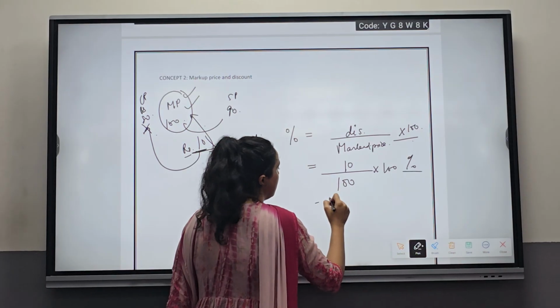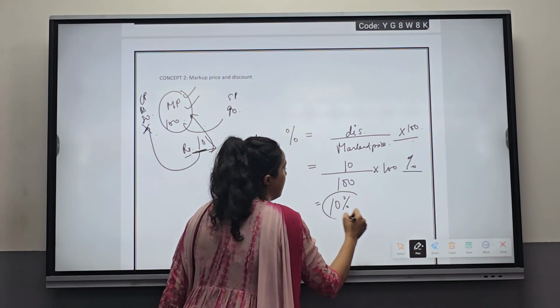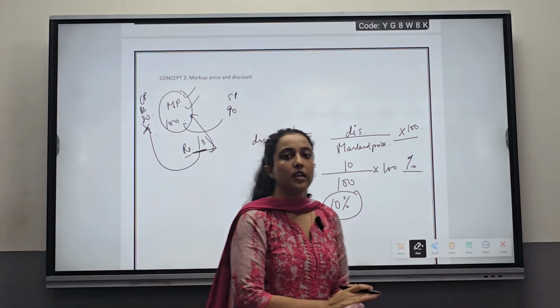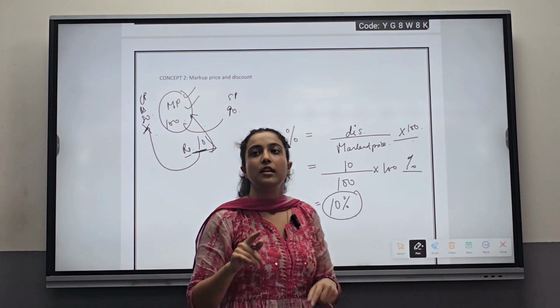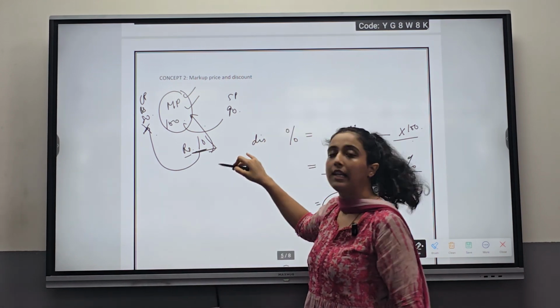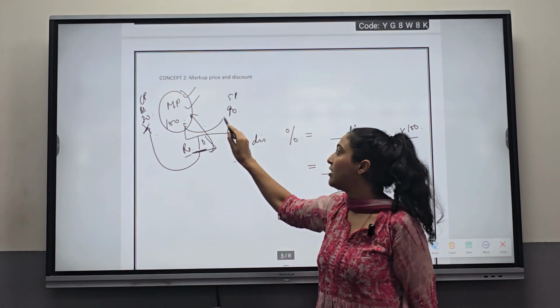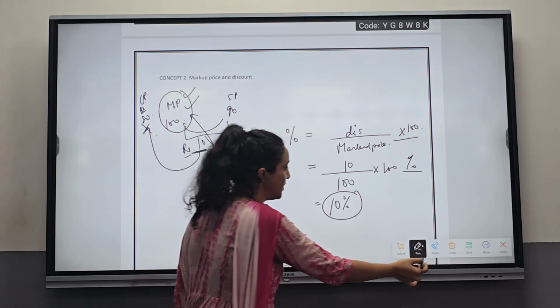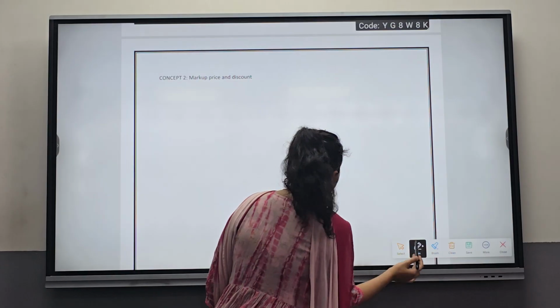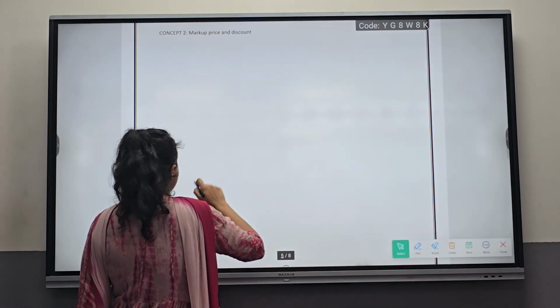So you will get discount percent as 10%. Okay, so again, concept number 2 was marked price, that is written, selling price on which you are selling it, and the difference between marked price and selling price is your discount amount. I hope this much is clear to you. So let's discuss a question related to it.